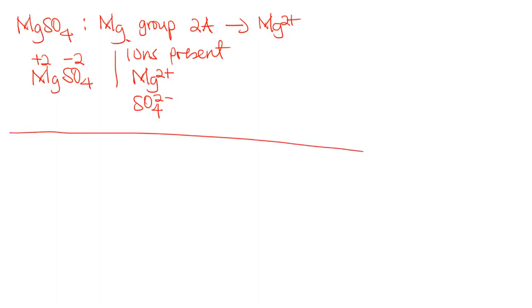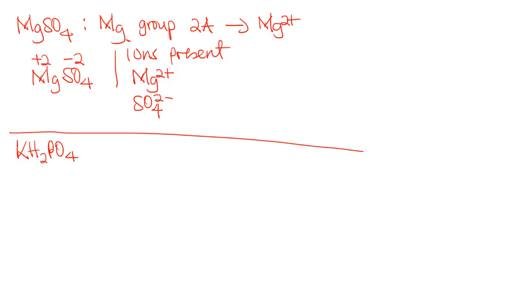So let's practice on another ionic compound. We have KH2PO4. So that is the compound we are dealing with. For this compound, you need to identify where the metal is and where the non-metal is.